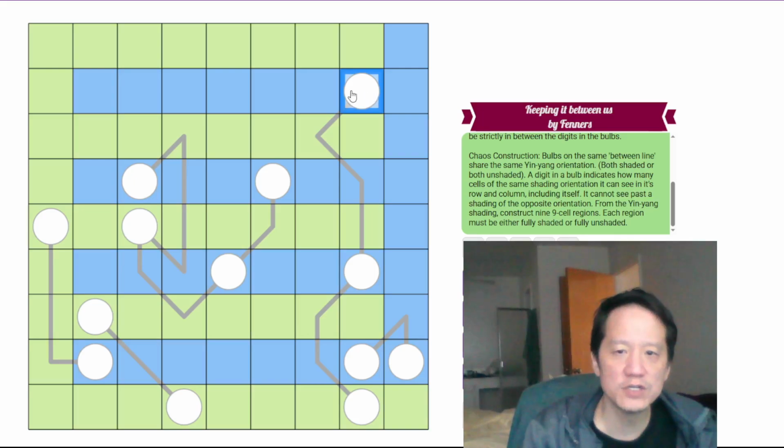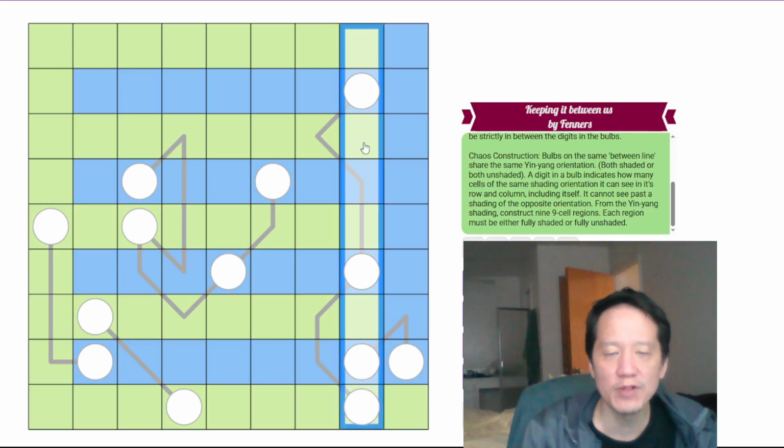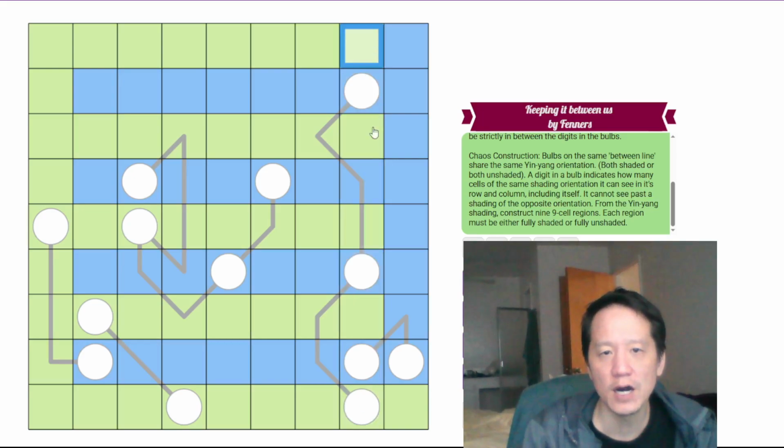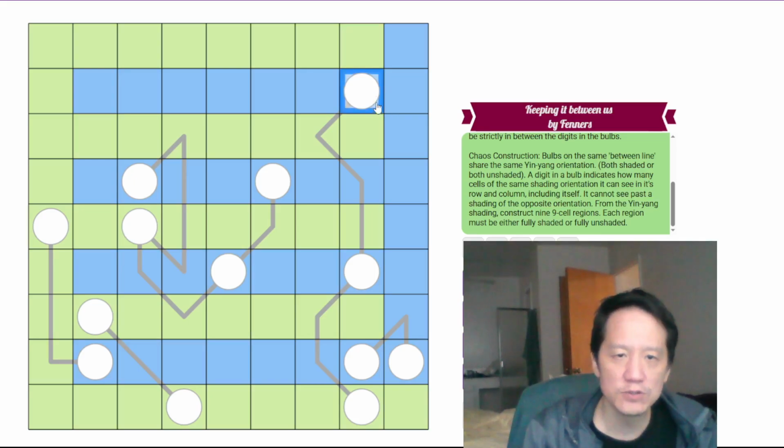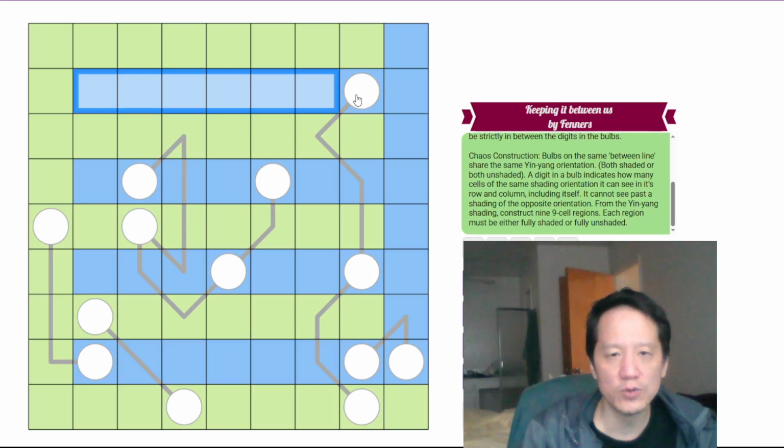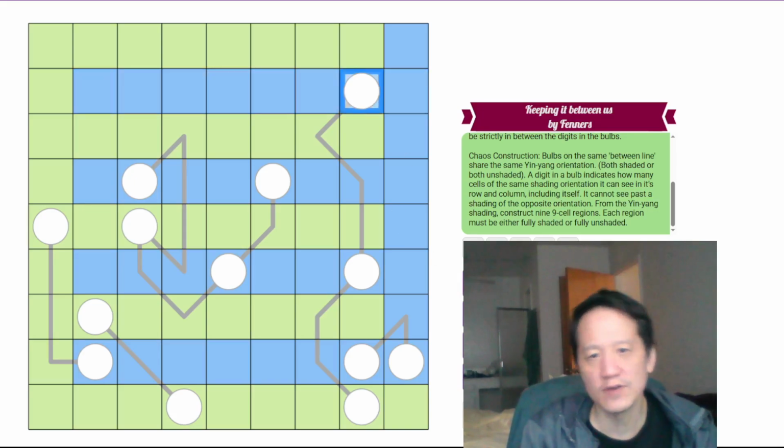So this digit in a bulb indicates how many cells of the same shading orientation it can see in its row and column, and it's blocked by cells of the opposite orientation. So this cell would see itself, and it would see these cells here. Therefore, we would know that this would have to be 8 if that were the case.